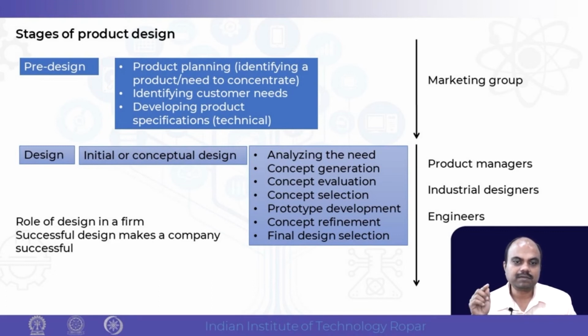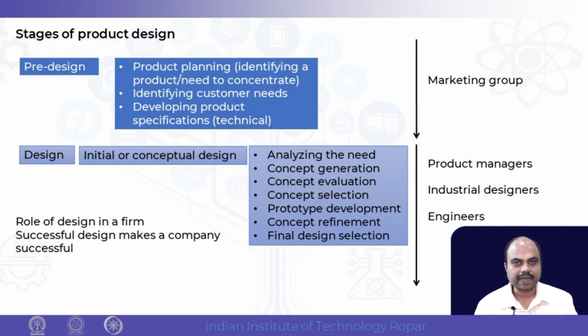Based on that, we will make a product. Then identifying the customer means identifying the need of the customer in a very detailed way: what exactly their issues are and how exactly we can help them solve it. And then the product design specification and technical requirement specification are going to be developed also.